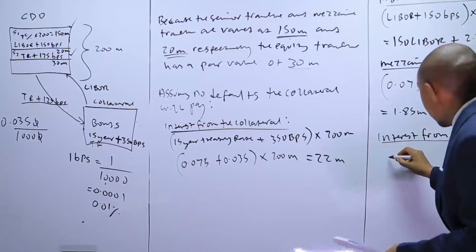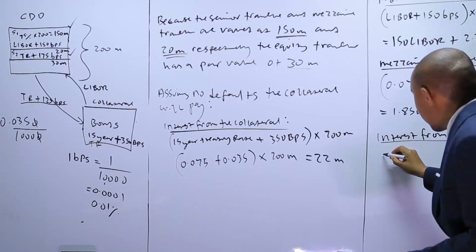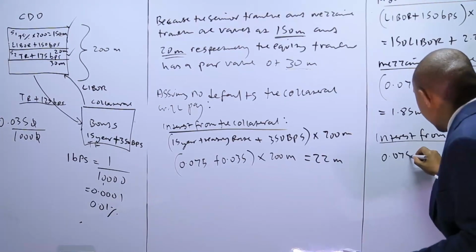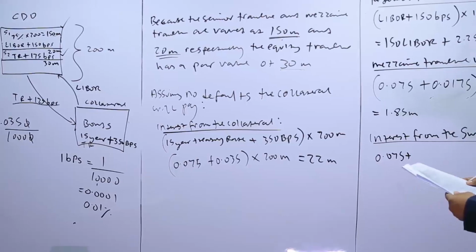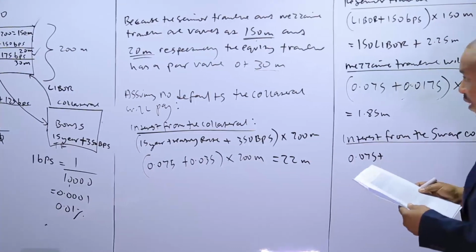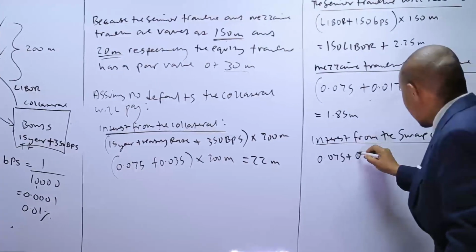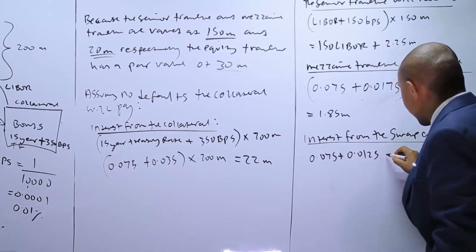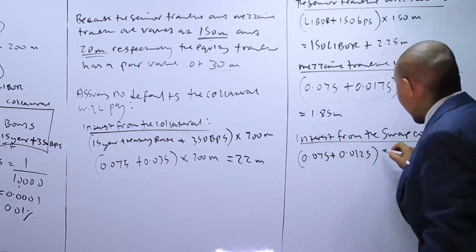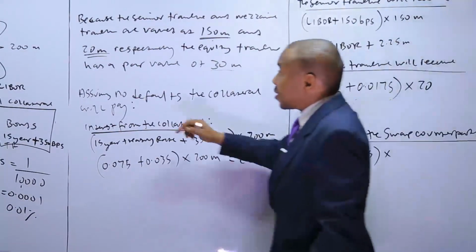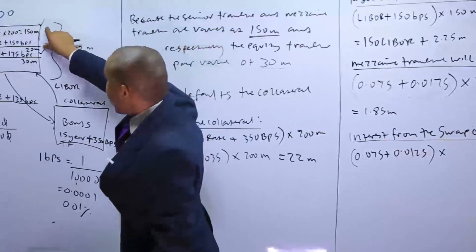So the treasury rate is 0.075 plus, we've also been given 125 basis points right there. So it's 0.0125 like that. And this will be applied to this tranche right over here, 150 million.